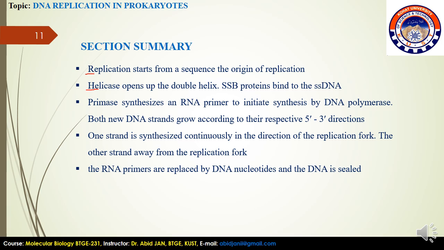Enzyme helicase opens up the DNA double helix, resulting in the formation of the replication fork. Single-strand binding proteins bind to the single-stranded DNA near the replication fork to keep the fork open.